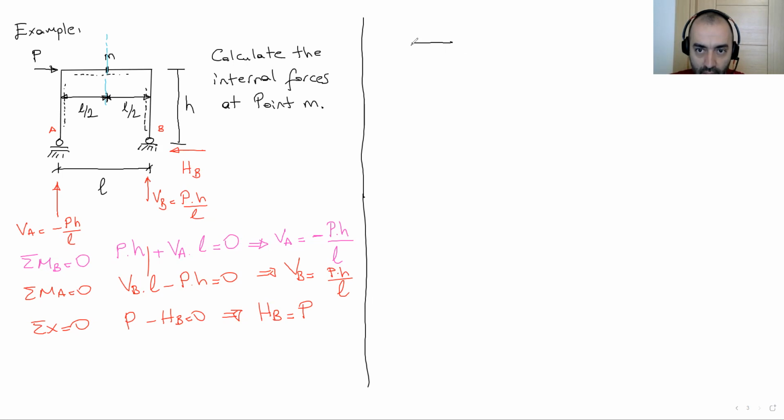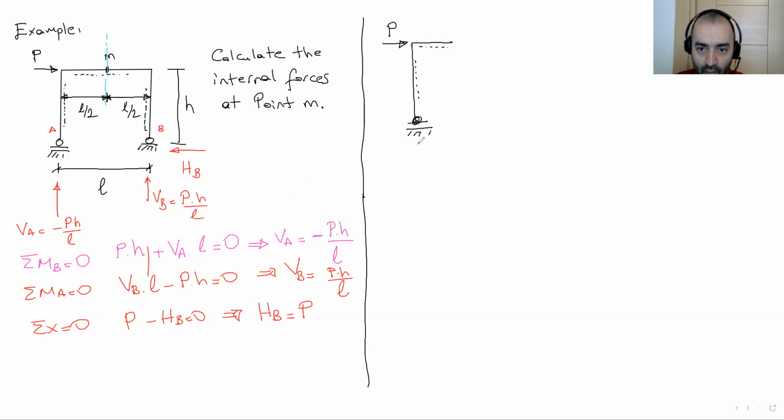Okay, let's have a look at the left-hand side. Here we have P. This is my wave direction.